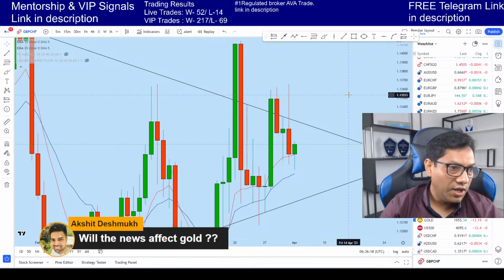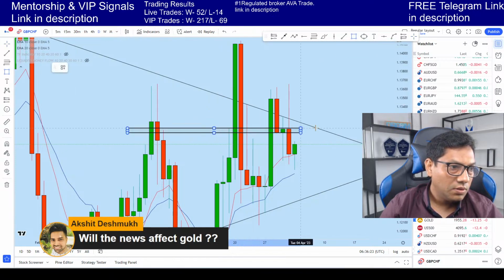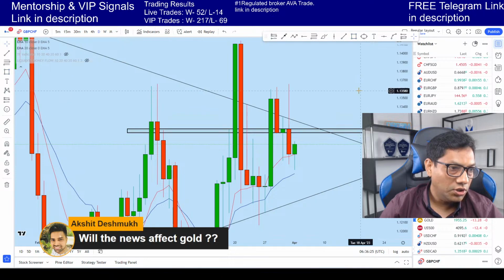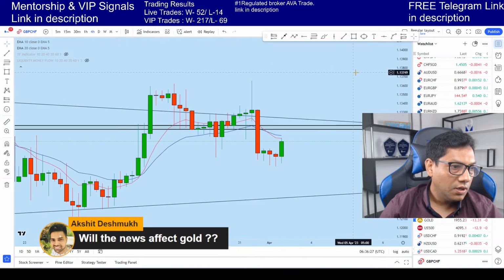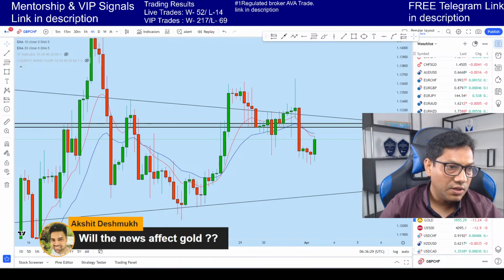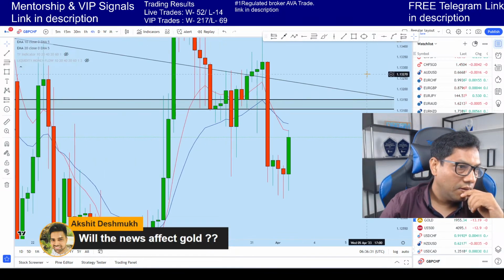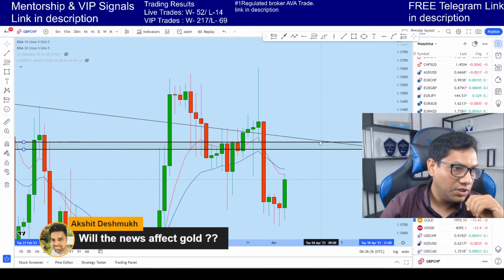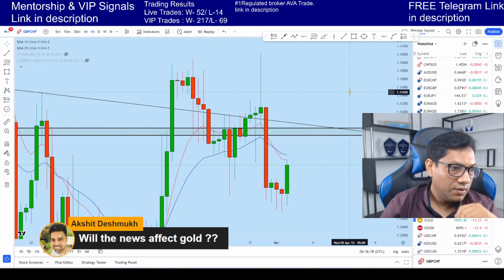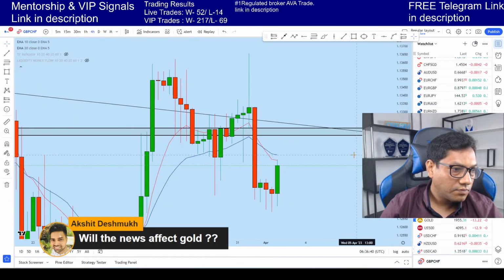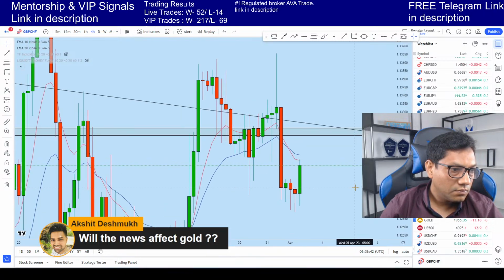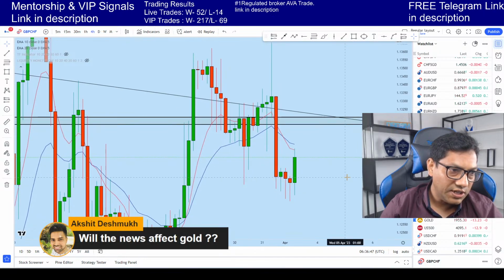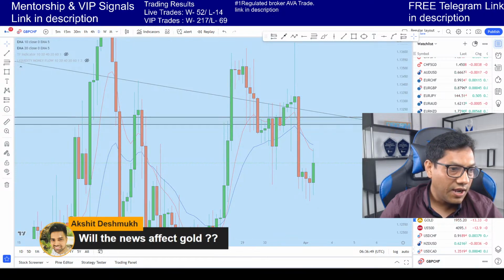It will come back down again, high probability that it will come back down. There is a daily doji here, and the price is heading to this level. We could see GBP CHF going up and testing this level. As you can see, a little bit of weakness in CHF.